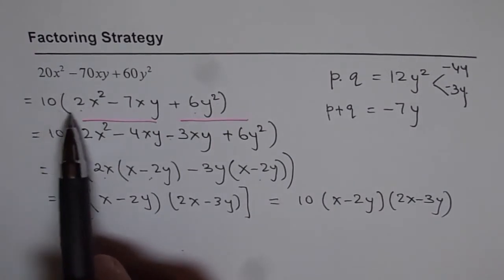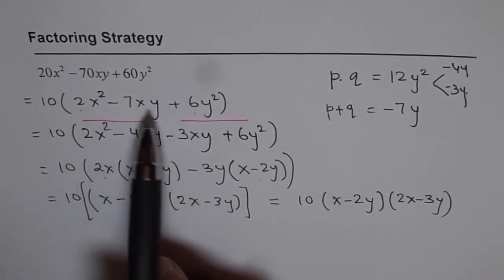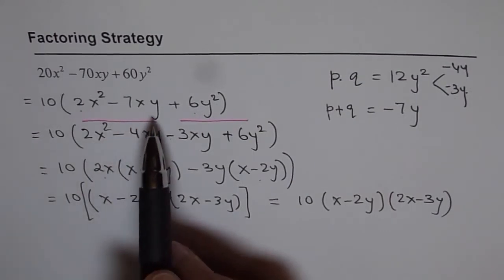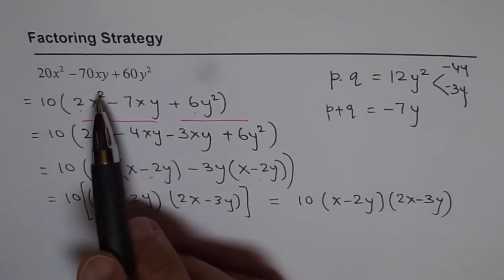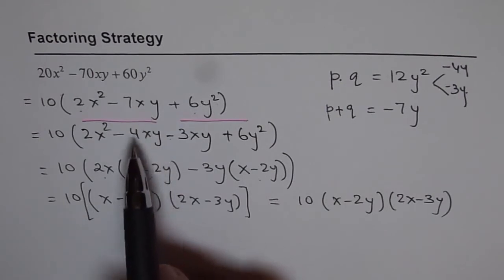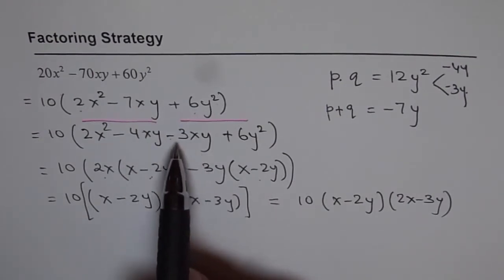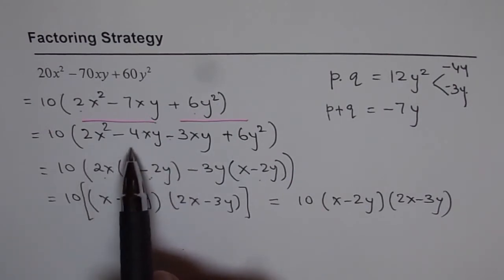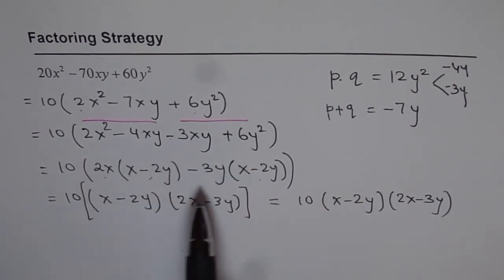By factoring out the common factor, we have reduced the numbers to a lower level, so it becomes easier for us to work with. And then once you decompose 7xy as 4xy and 3xy with negative signs, you have 4 terms. Group the first two and the next two, factor them out, and complete your factoring as shown.